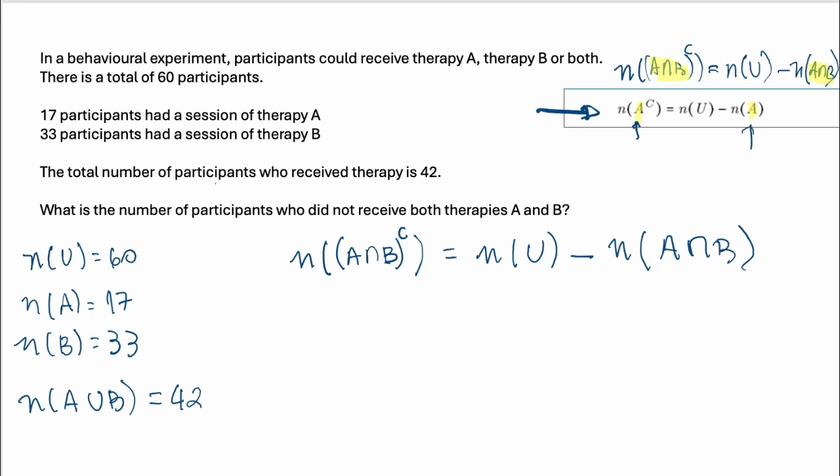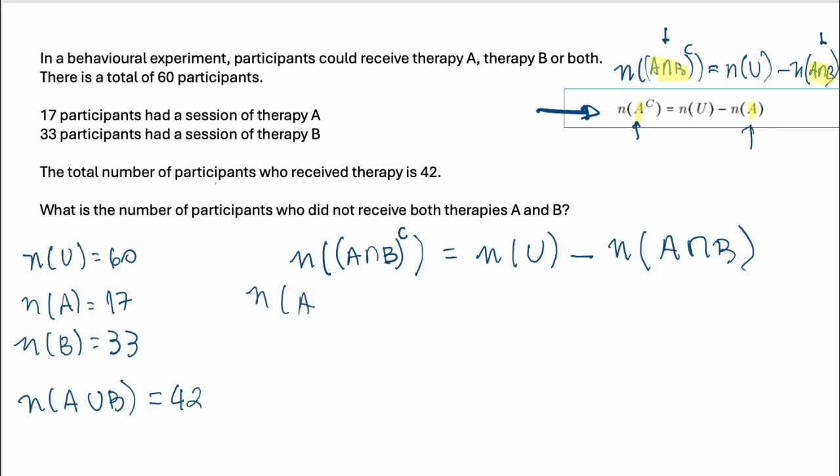Now my set in consideration is A intersection B. So it will appear here and here. So we'll change the A to A intersection B. And it makes sense if you interpret what it's telling you, right? The number of things that are not in this set: take the whole, but don't count the ones that are inside the set. Okay?